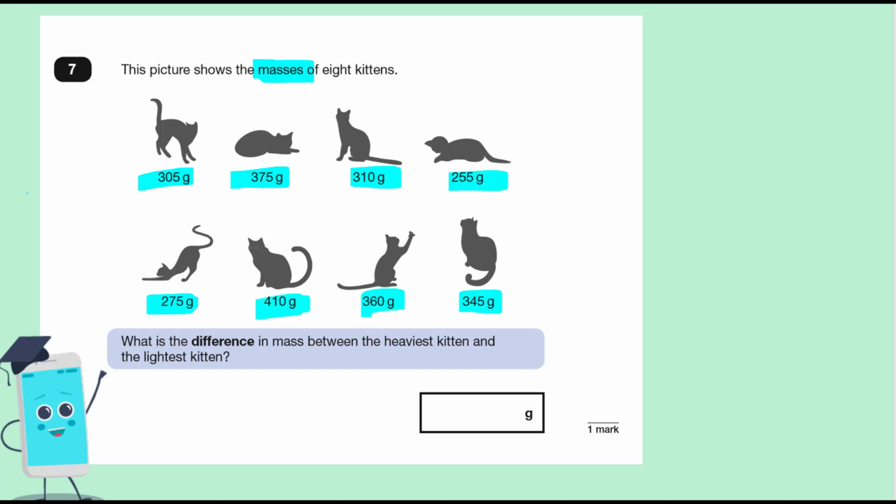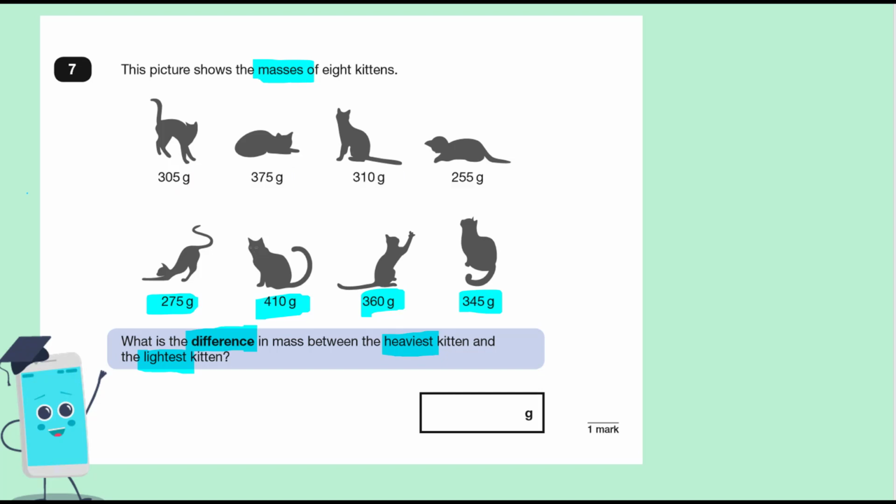What is the difference in mass between the heaviest kitten and the lightest kitten? So the word difference has been put in bold. That means we need to really take note of that word. Difference usually means to subtract. We want the difference between the heaviest kitten and the lightest kitten.